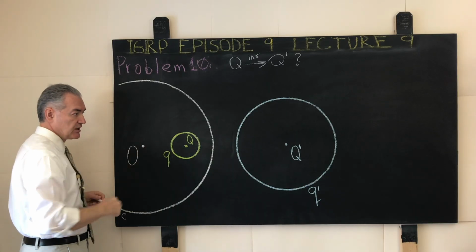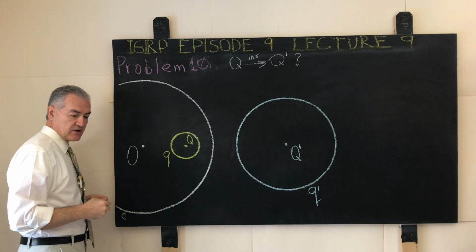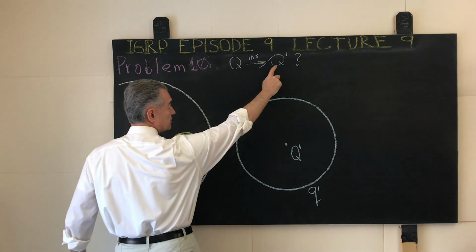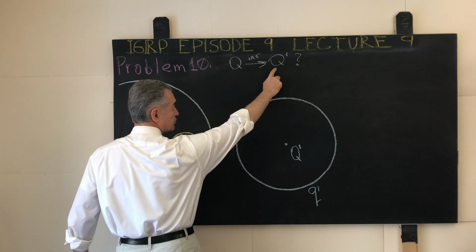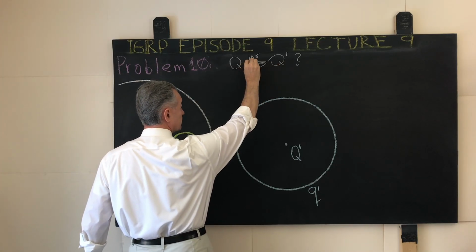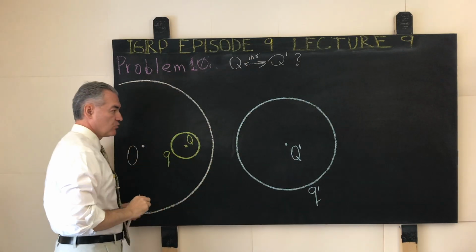But due to the symmetry of the situation, we can also ask for the composition of inversions of the center of the other circle into the center of the one. Either way works.